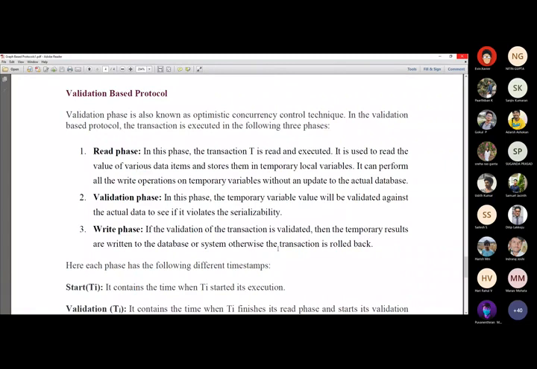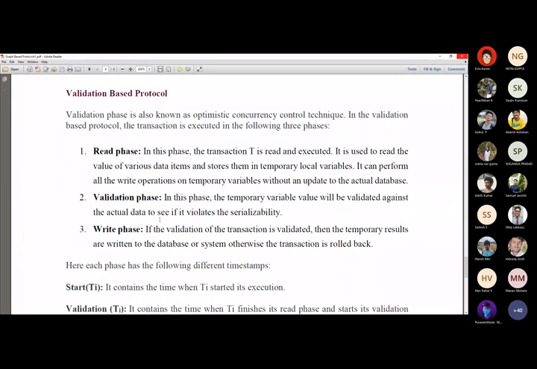Only if the validation is successful, meaning the updated values of the database variables will not conflict and can be executed concurrently without any deadlock, then you copy the temporary results onto the database system. Whereas if there exist some conflicts between the new values and the old values, then it is rolled back.